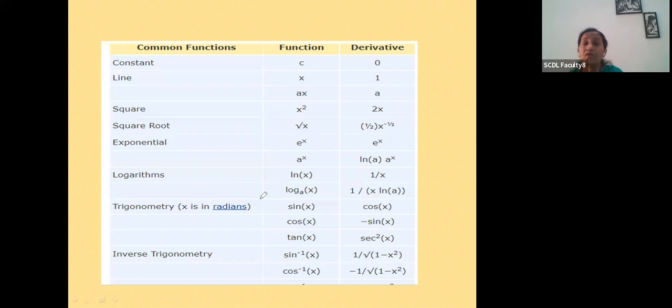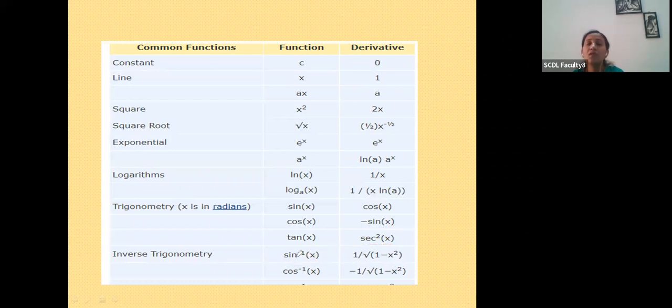You have to find the derivatives of the trigonometric functions. When trigonometry comes in your example for solving derivatives, if there is sin x, then you have to write the derivative as cos x. If cos x, then you write the derivative minus sin x. Tan x, then sec square x. Keep it in mind. This is also asked many times.